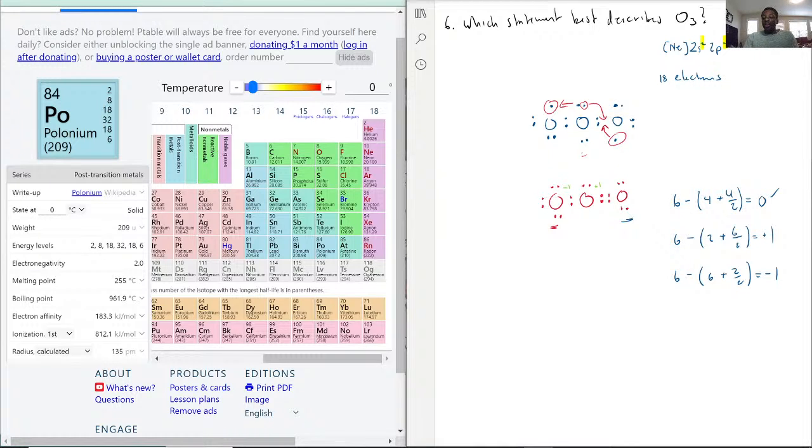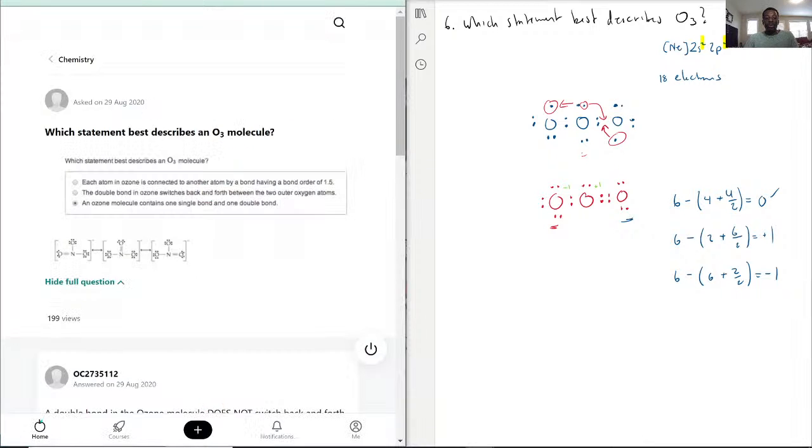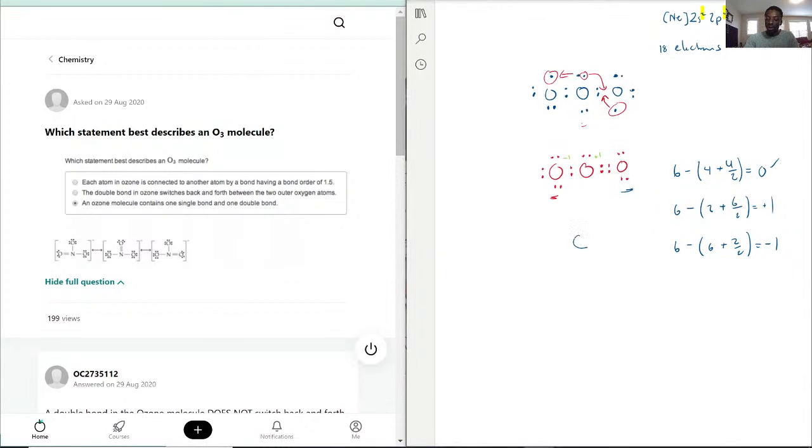Now, with all this being said, we could have just answered the question saying that ozone contains 1 single bond and 1 double bond. That would be technically incorrect, because now you have to factor in resonance. Another resonance structure, which I could have equally drawn, is this.